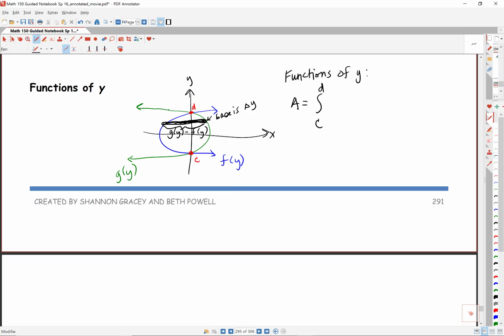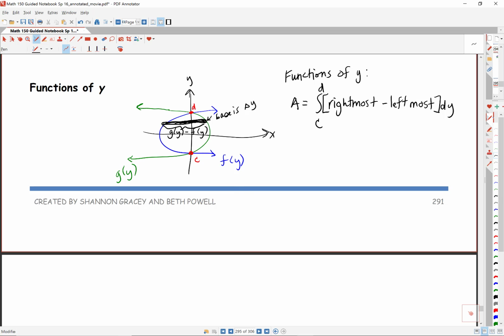There might be changes, if they switch or whatnot, but it's the integral from c to d of the rightmost minus the leftmost graphs, and it's with respect to y.